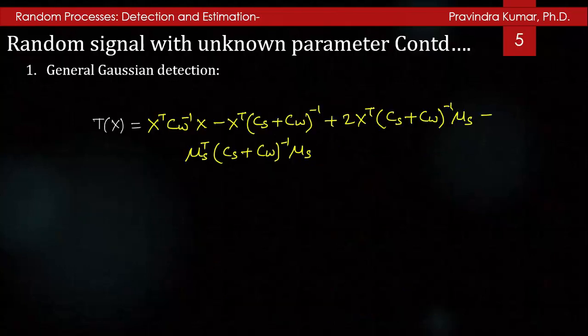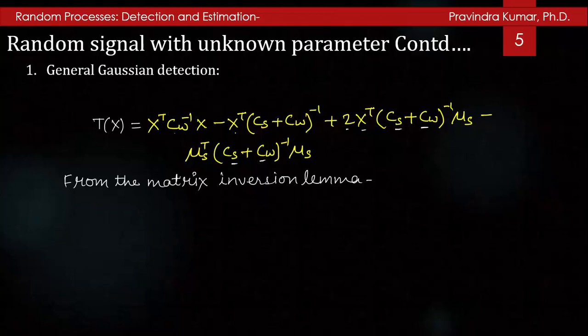I can also write it as x transpose inverse of C omega into x, minus x transpose inverse of the matrix (Cs plus C omega) x, plus 2 x transpose inverse of the matrix (Cs plus C omega) into mu s, minus mu s transpose inverse of the matrix (Cs plus C omega) into mu s.